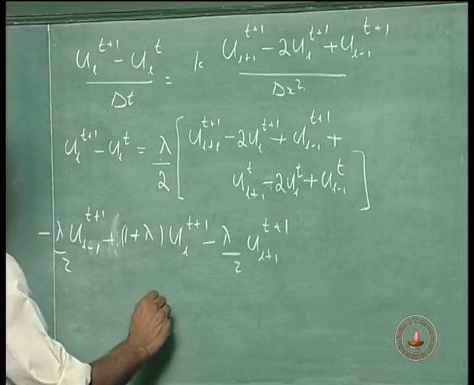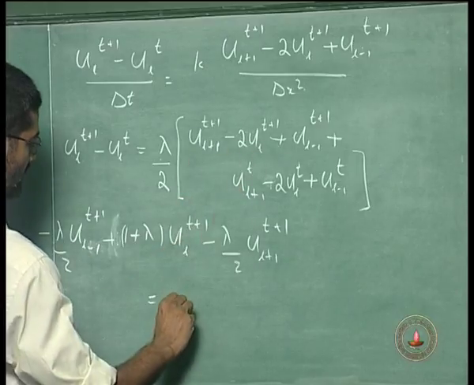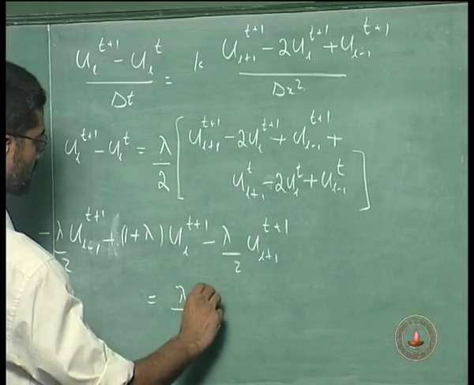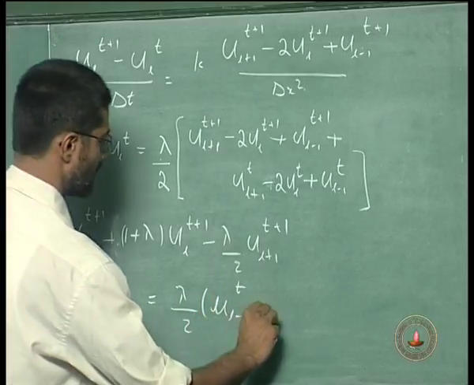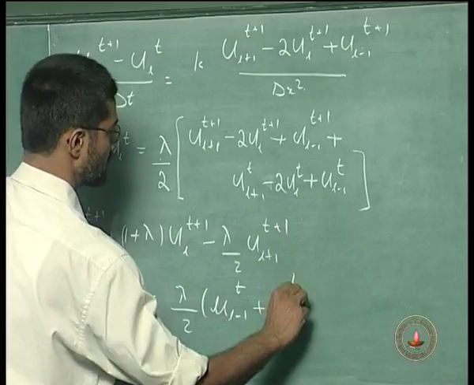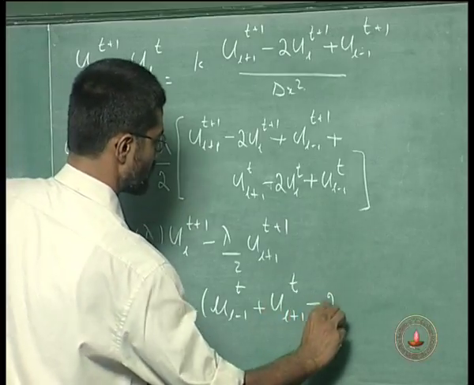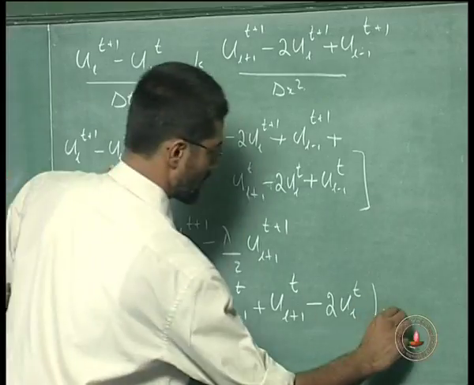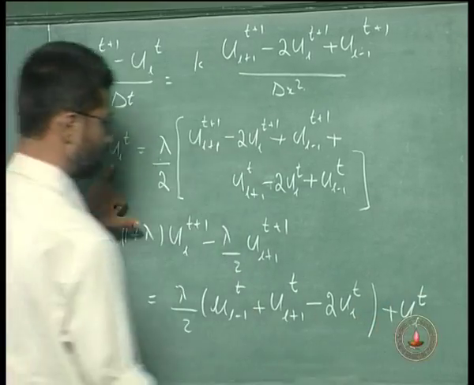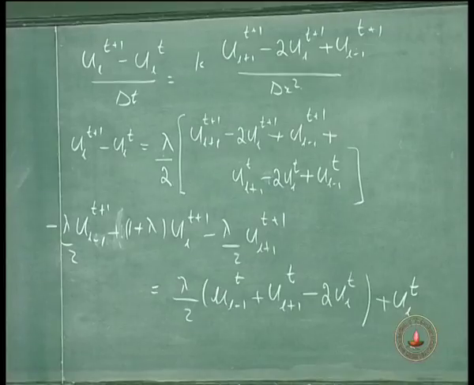On the right hand side we have lambda by 2 into u L minus 1 at time t plus u L plus 1 at time t minus 2 u L at time t, and then plus u L at time t. So that is our equation to solve.